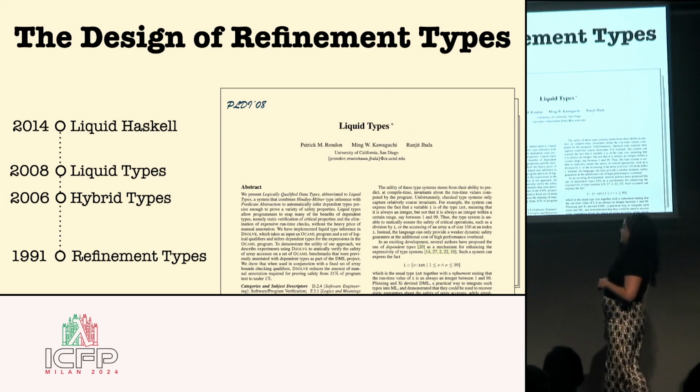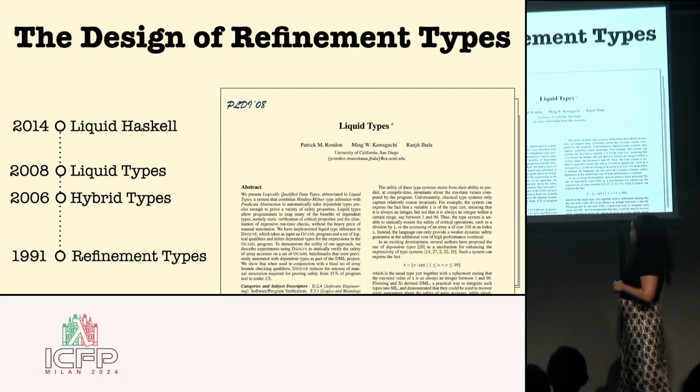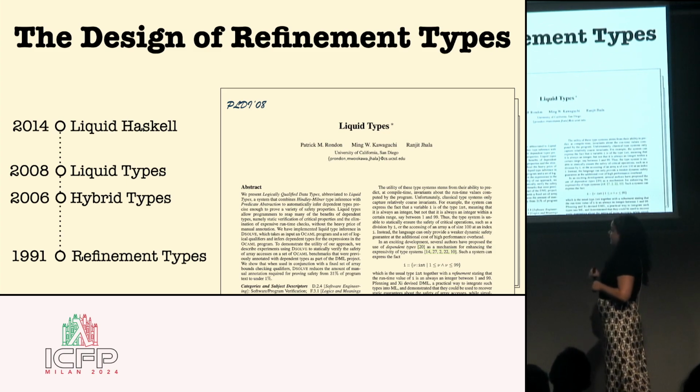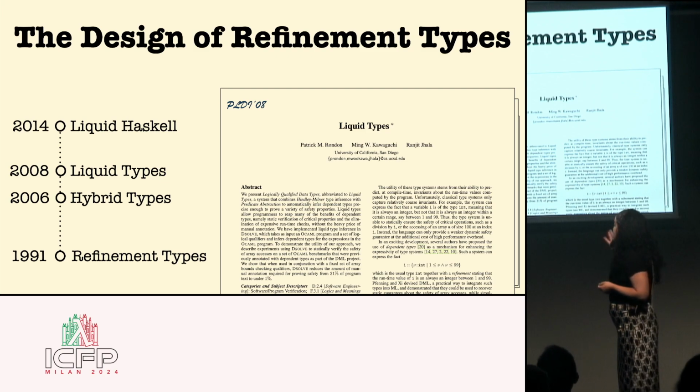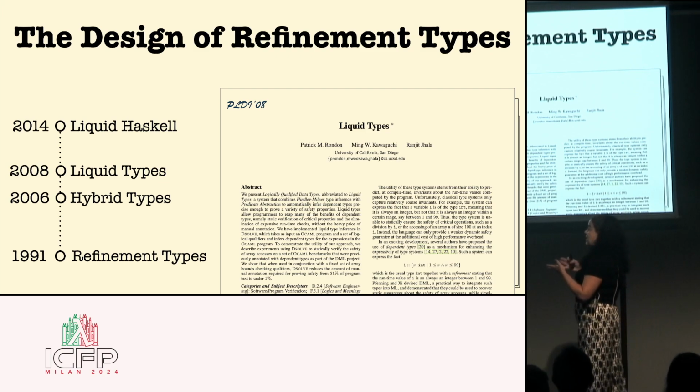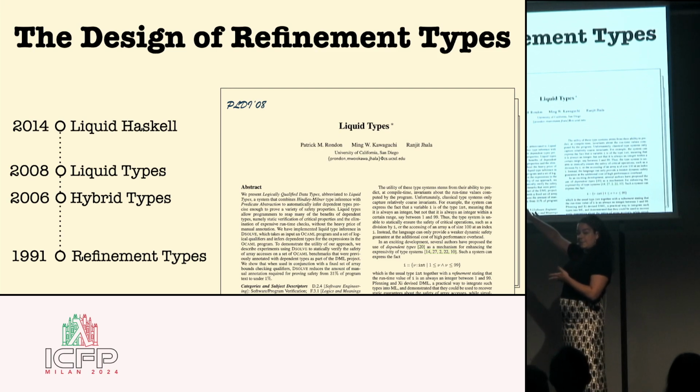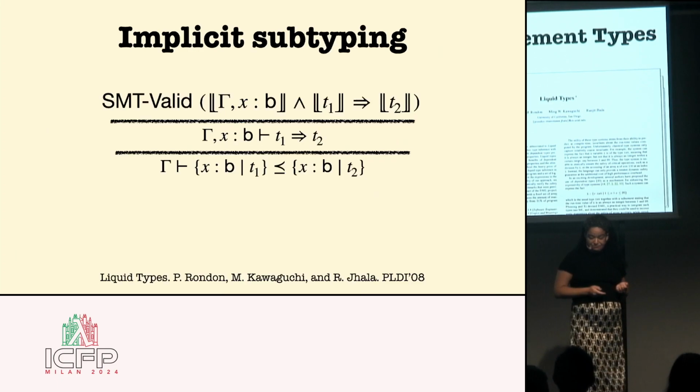And then liquid types come, which stands for logically qualified data types. I think the biggest contribution of liquid types is that they kept all the good features of Flanagan's hybrid types, but they say we have to be decidable.